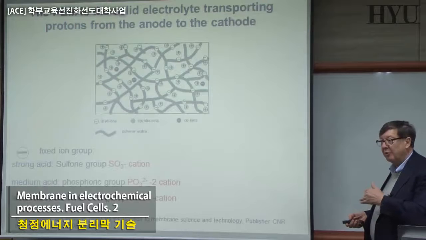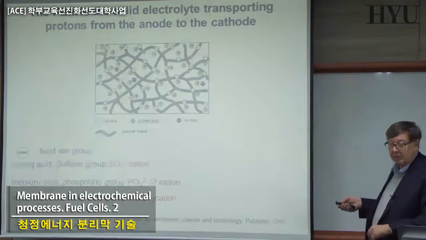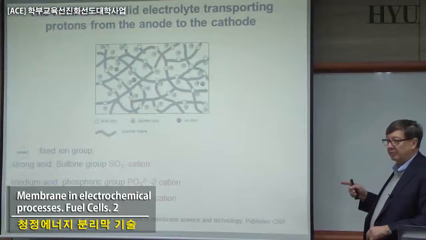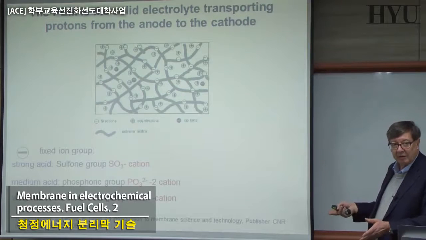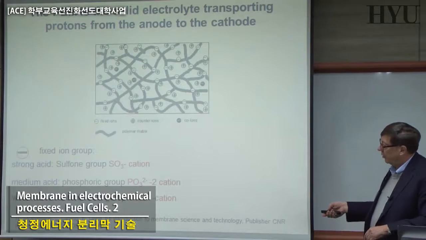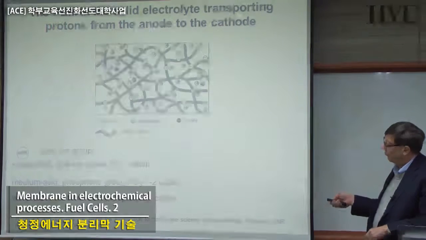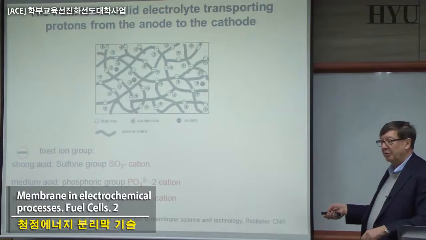The counter ions are free to move, but only the counter ions. The co-ions in this system cannot penetrate, because if they penetrate, there is nothing going out, and you violate electroneutrality, which cannot be violated. So we have fixed groups. The origin normally of these fixed groups can be the sulfonic group. That's typical.